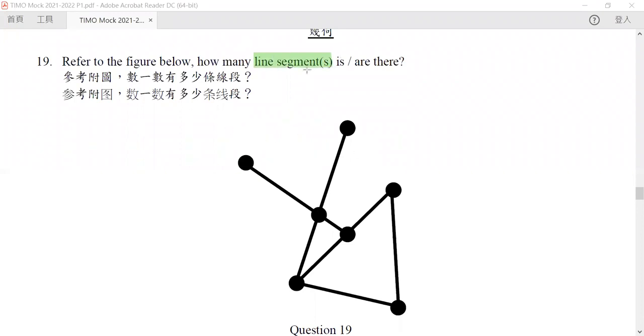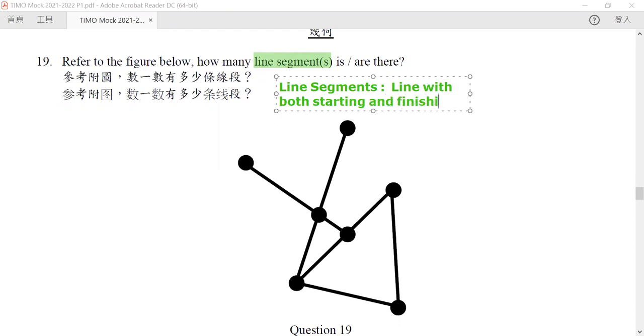Now in here we talk about line segments, but what is a line segment? Again, we want to know the meaning of it. A line segment is actually a line with both its starting and its finishing point.